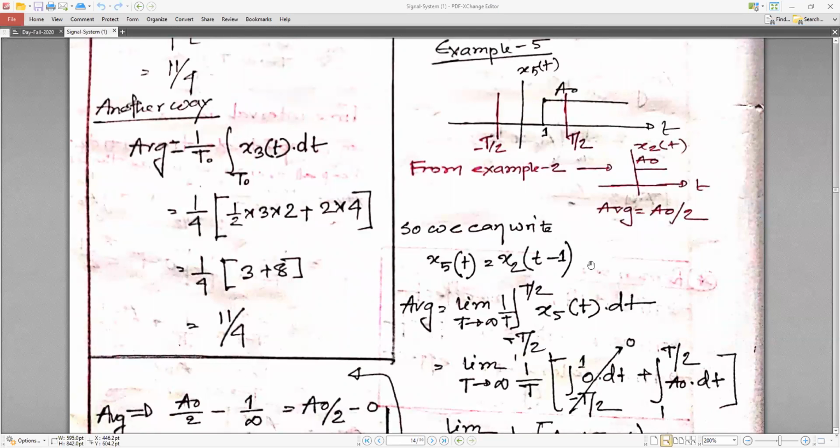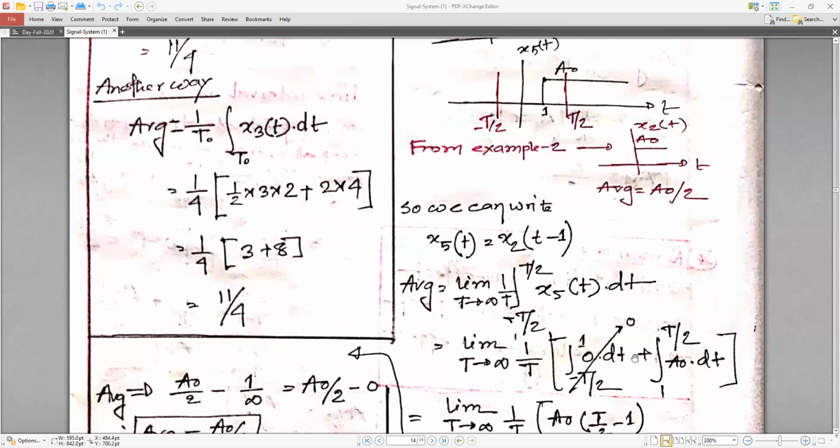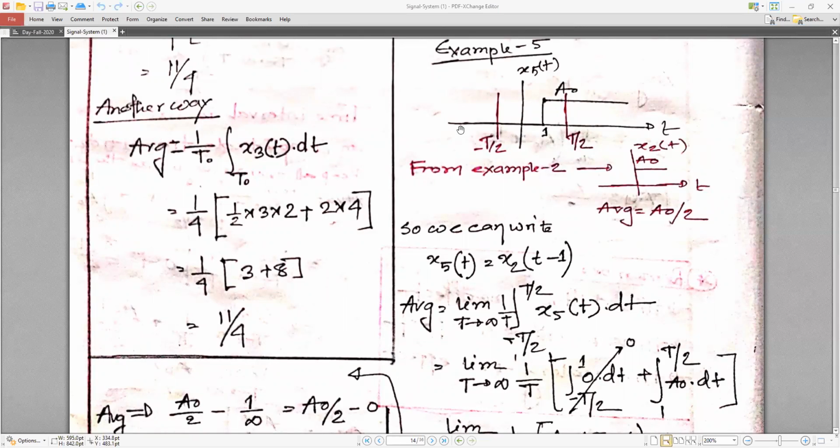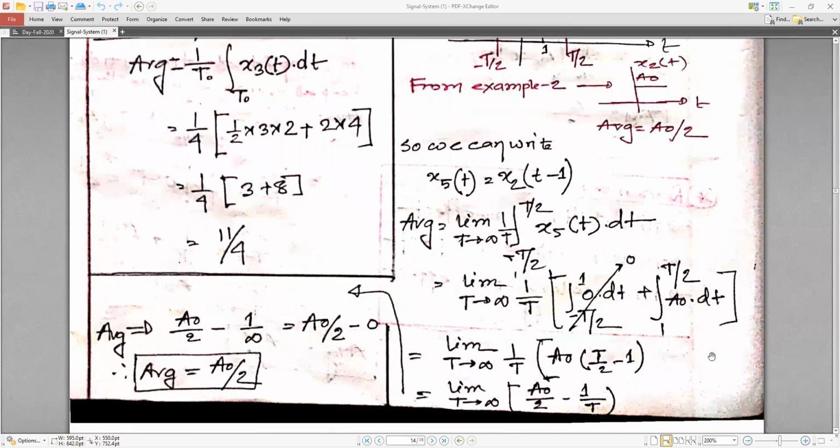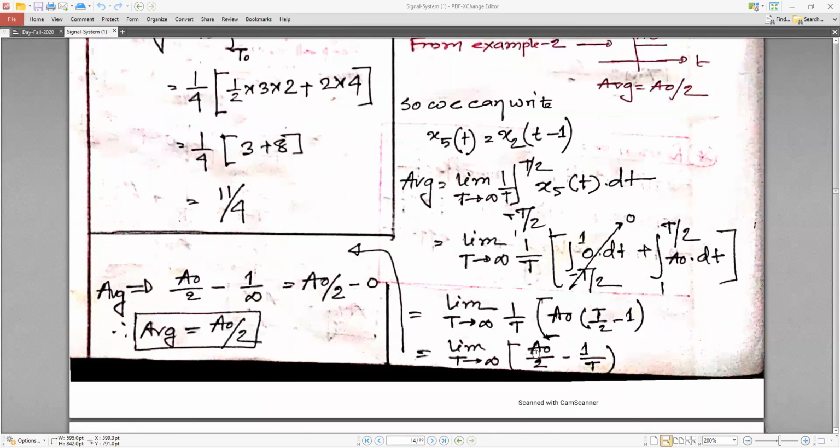So instead of x5(t), you can write this one. So minus T half to 1, it is totally 0. And 1 to T half, the value is a naught, the total is a naught, and dt is here. So it is T by 2 minus 1. Put this value here, so it comes a naught by 2. So the average value would be a naught by 2.